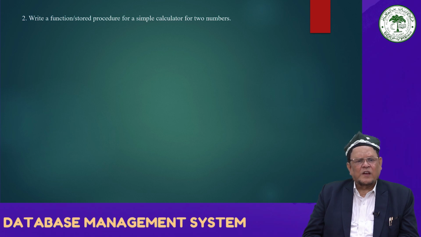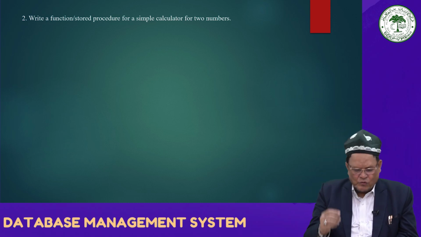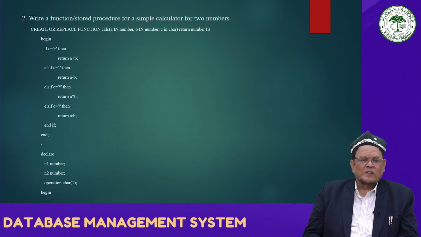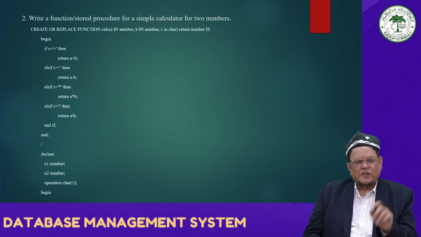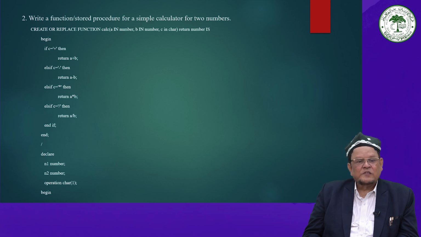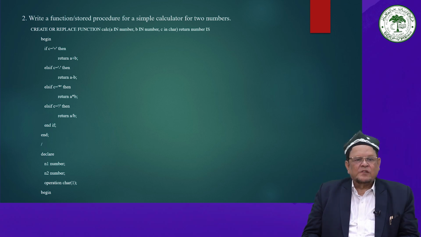The next question is: write a function or a stored procedure for simple calculation of two numbers. If you have to find the calculation of two numbers, for that I have used addition, subtraction, multiplication, division. So here you have to write create or replace function calculate A in number, B in number, C in character, returns number is, then you have to begin.